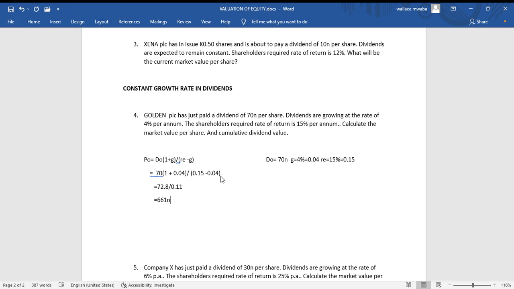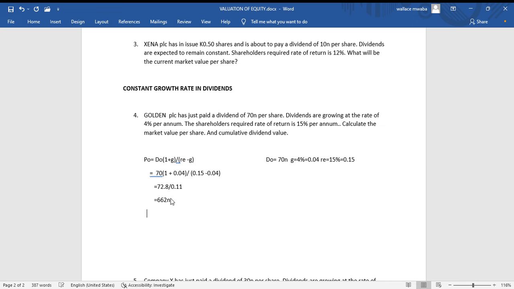Then if you want to put it in kwacha, we just divide it by 100. Rounding it up, 662. So we can leave it as ngwe there, but if you want, you can also express it as kwacha, which is 6.62 kwacha.